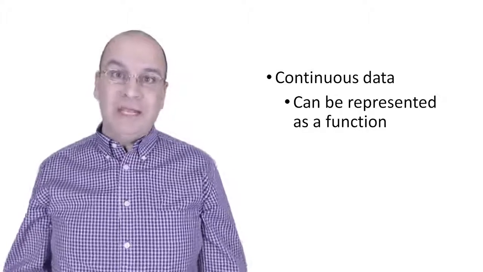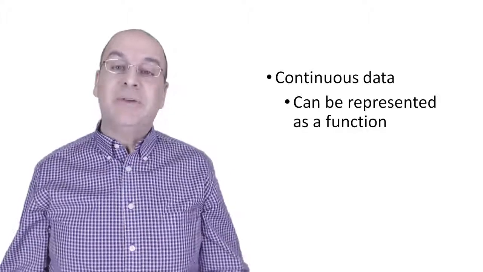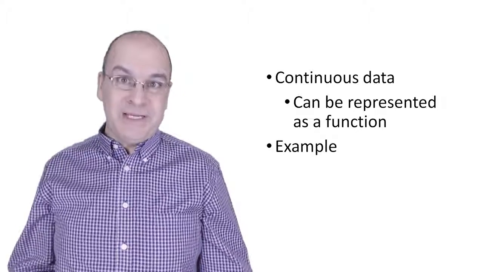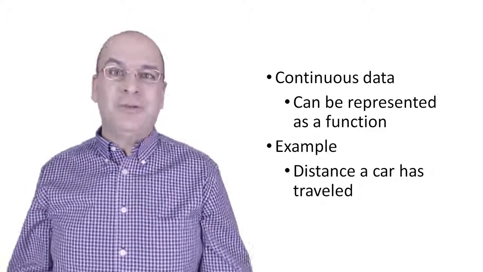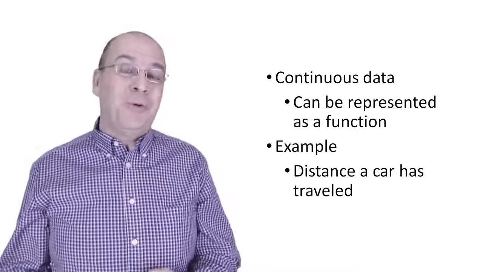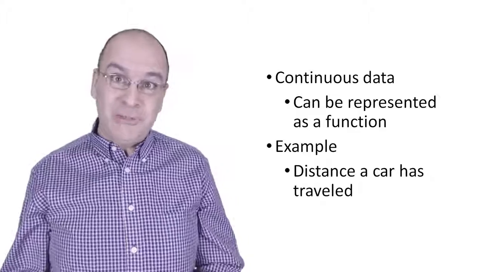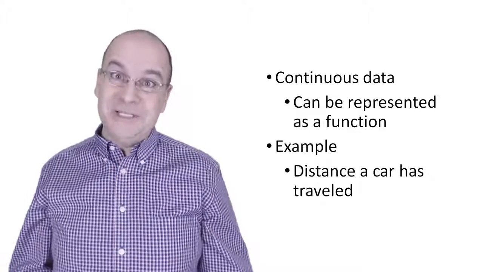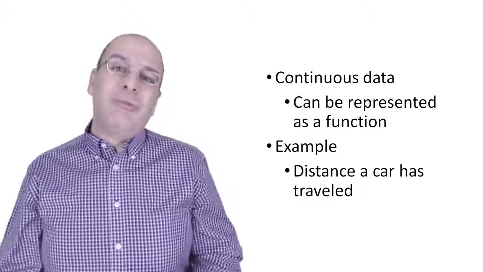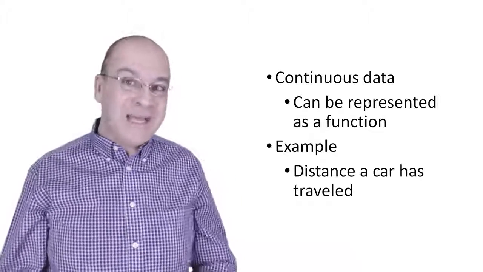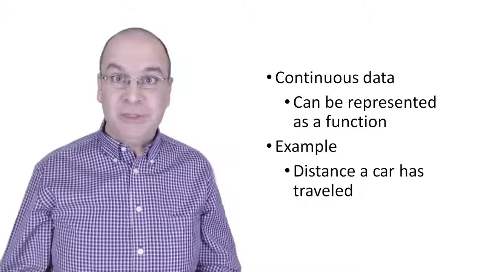One way we can identify continuous data is if we can calculate it using a function. An example of this is the distance we've traveled in a car or a rocket ship or whatever. Now, we know we can calculate it with a function because there's a well-known function, rate times time equals distance, but rate can have an infinite number of possibilities and time can have an infinite number of possibilities.